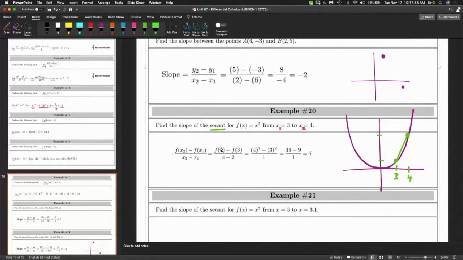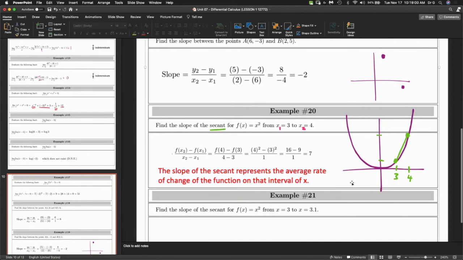You plug in 4 into the function, so f of 4 means you plug in 4 wherever the x is in f of x, and f of 3 means you plug in 3 wherever the x is, so you get 3 squared. And then, of course, x2 minus x1, that's like the old slope stuff. It's just the 2 x's subtracted, so 4 minus 3 is 1. And eventually you simplify this and you get a 7.